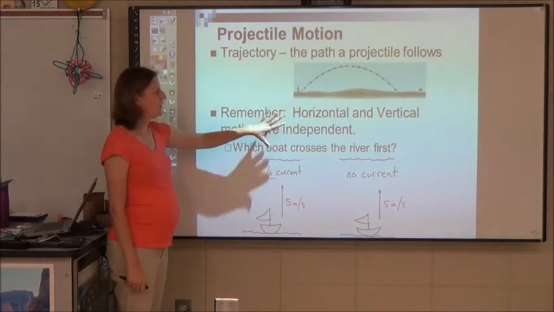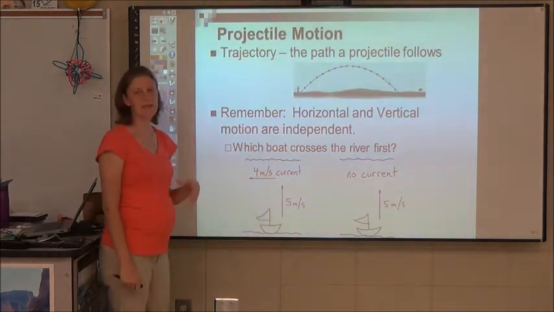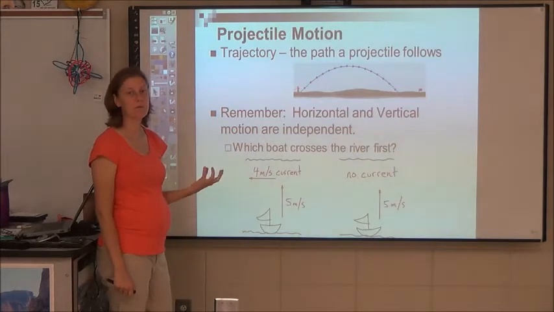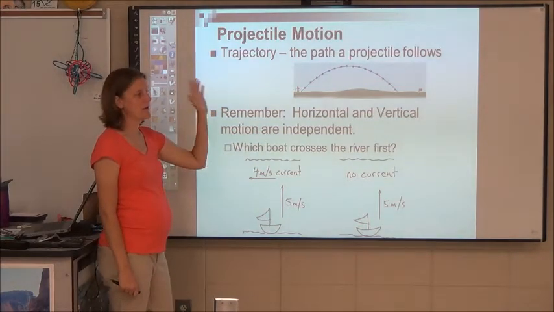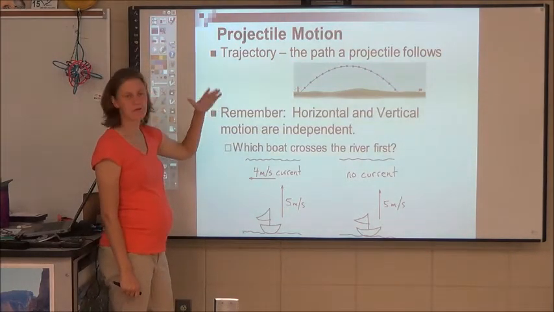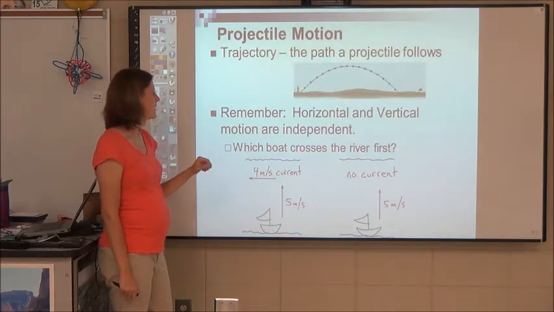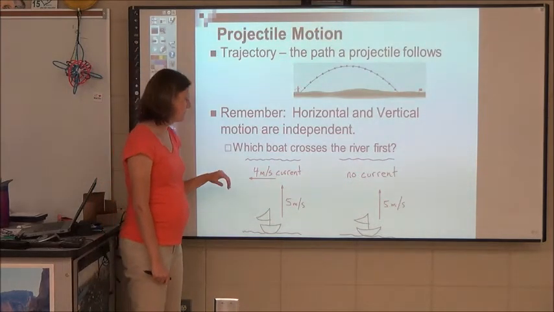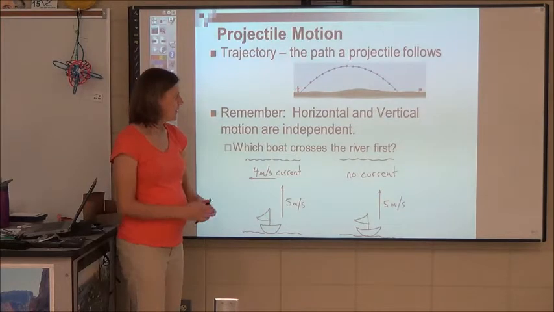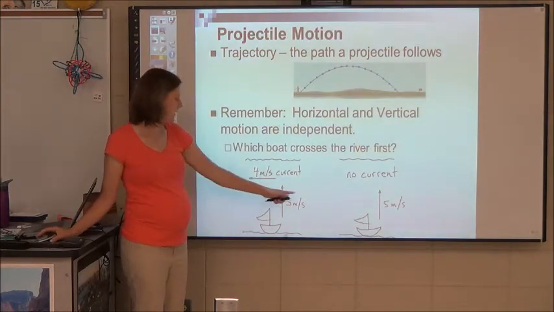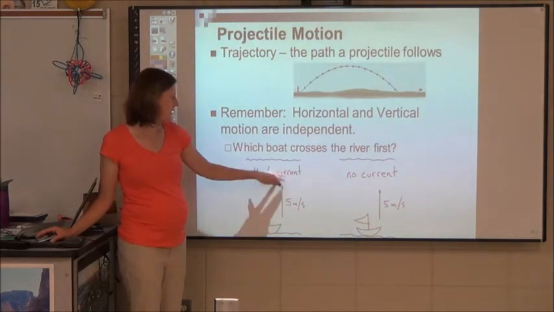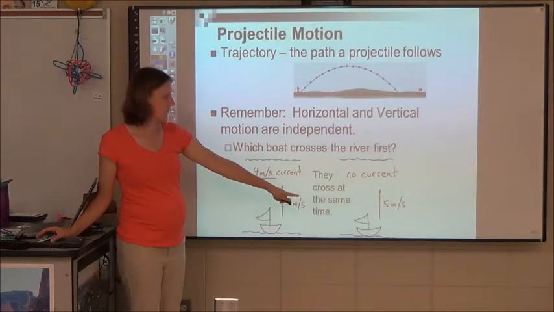Things to remember. Horizontal and vertical motion are independent, just like when we did the river problems across and downstream, those were independent things. Same with projectile motion. And again, that boat problem, of course, we said takes the same time for each of them to cross.